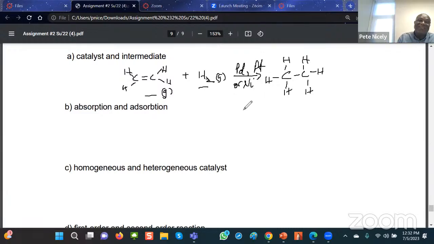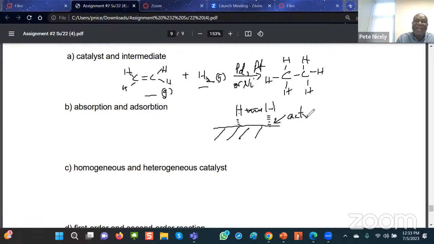And basically, if you look at the mechanism of this reaction, what is involved is that the hydrogen will cling to the surface of the metal. So this is your hydrogen, and there'll be a bond that is being formed between the hydrogen and the metal, and the result of that is the weakening of this bond. So you're going to end up with separate hydrogen atoms on the surface of the metal. We have some sites known as active sites.